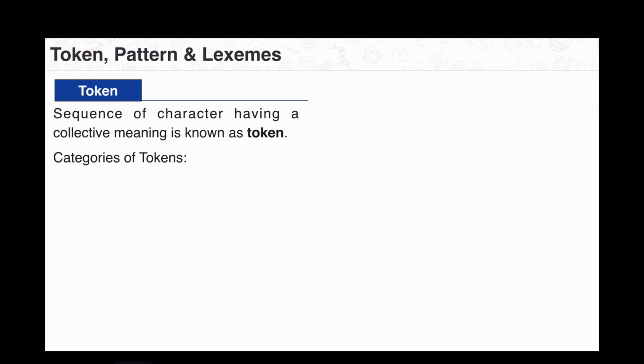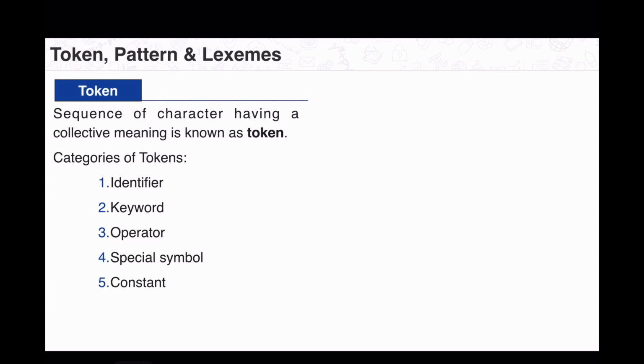These are the categories of tokens in any source program or programming language: identifiers, which are nothing but variables, keywords used in the programming language, operators and special symbols, and constants. These are all called tokens.